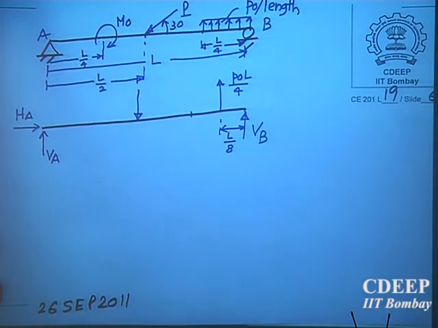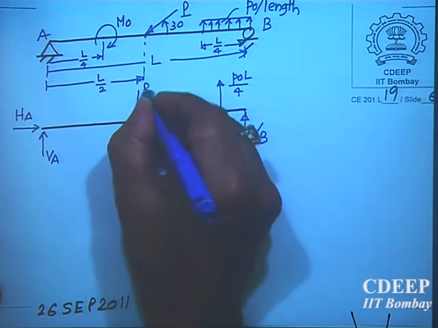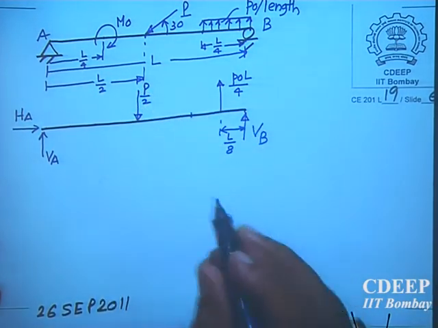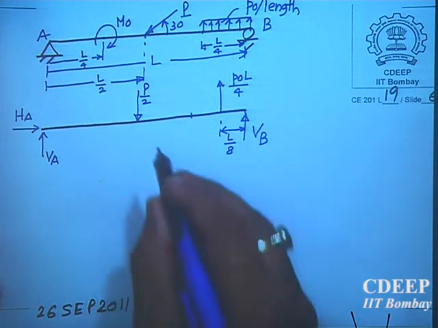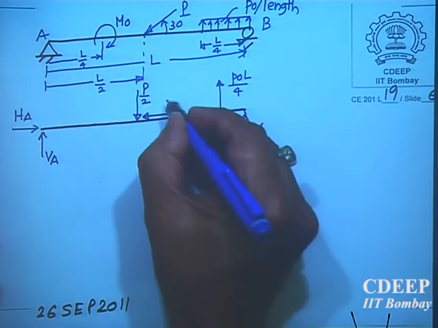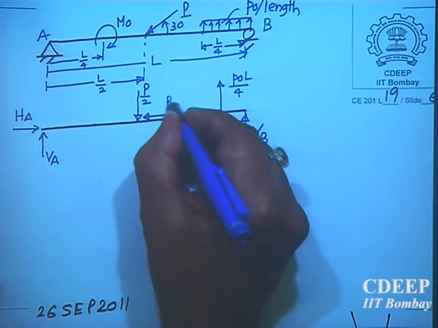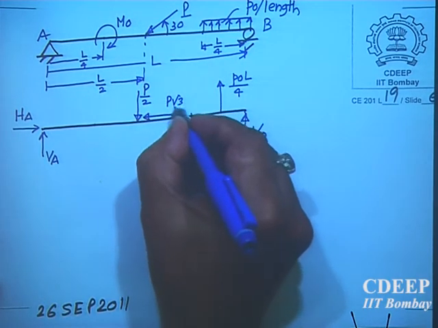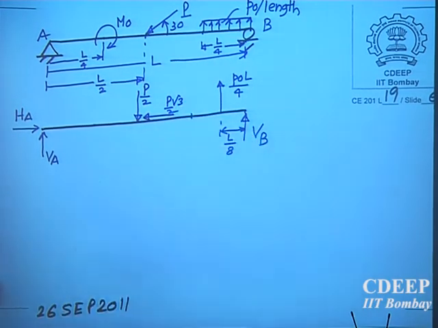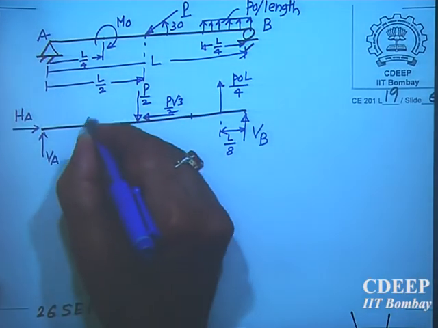P by 2. And what is P cosine 30? P cosine 30 is root 3 by 2, P into root 3 by 2. So one is horizontal at that point, and this is M naught.